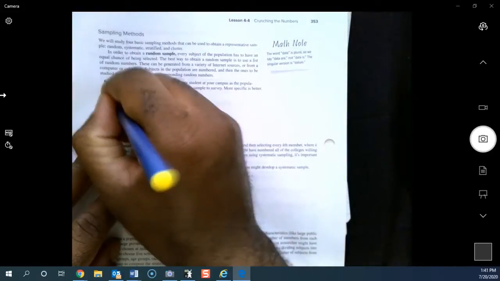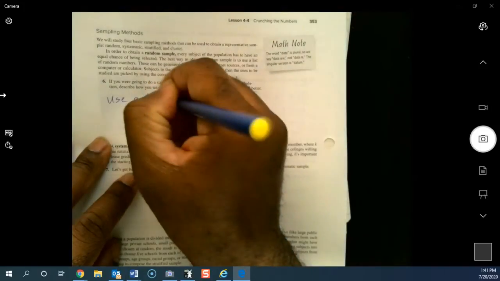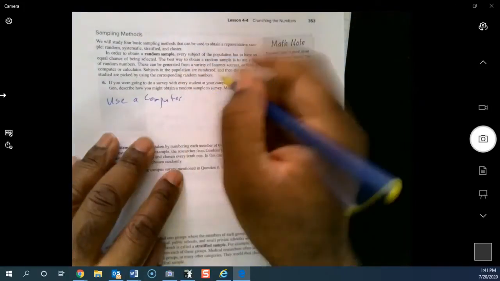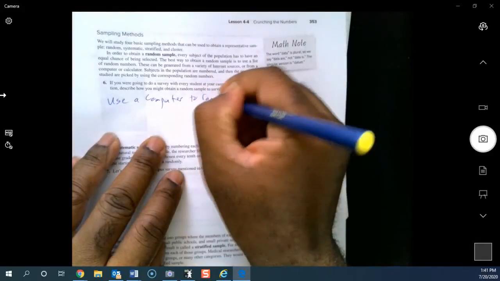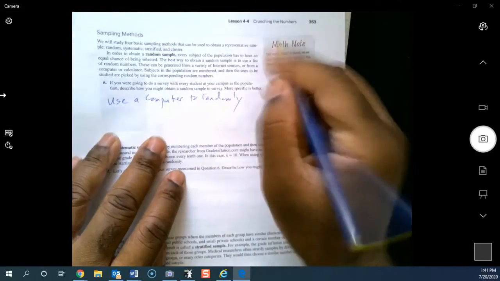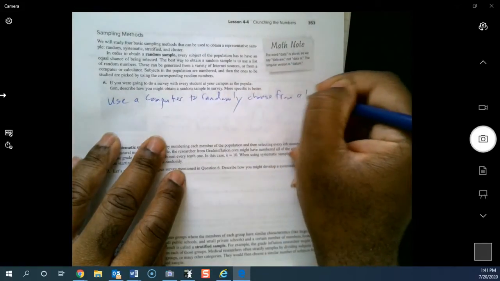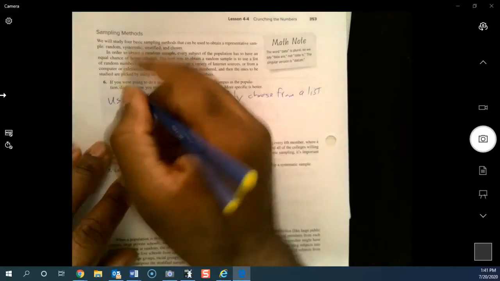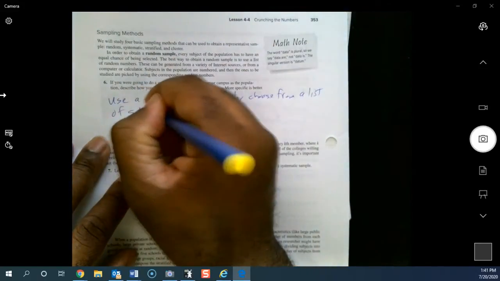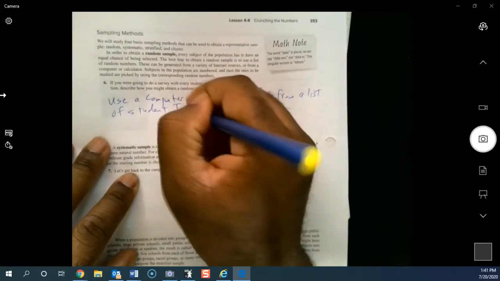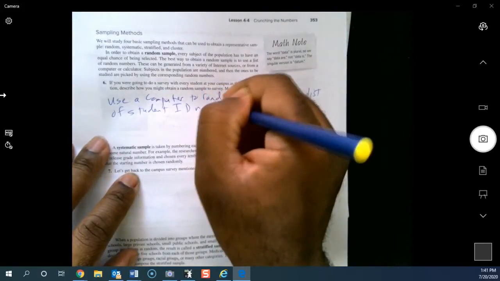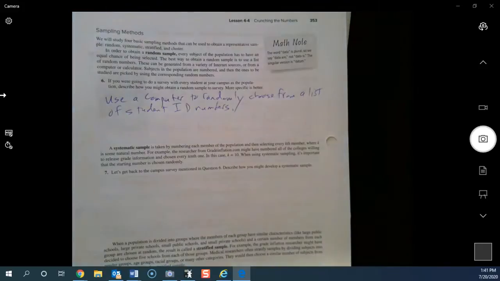So we will use a computer to randomly choose from a list of student ID numbers. That'll be very random.